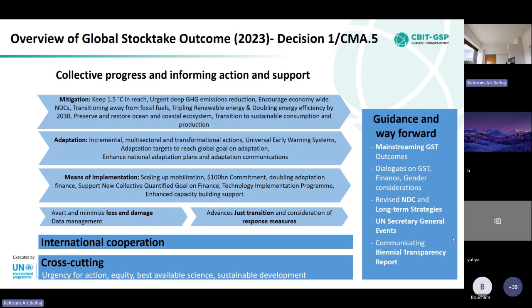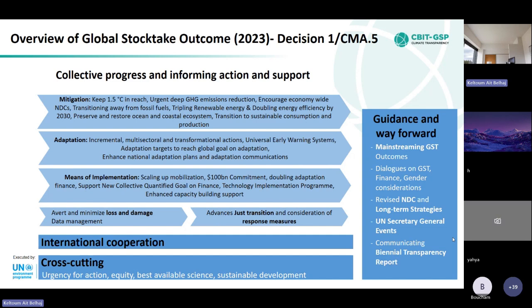also to strengthen adaptation through early warning systems, MEL, monitoring and evaluation systems, and national adaptation plans and communications. On support, it confirmed also the importance of scaling up finance and the urgent need to meet and go beyond, which means go more than the objective, which is mobilizing $100 billion per year.